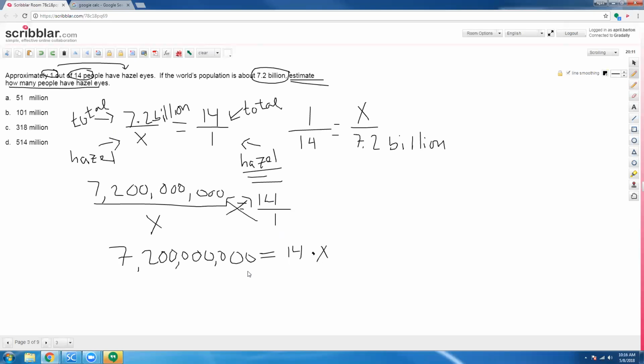And then we do our opposite. So what was our last step with these proportions every time? It's our opposite. Good. We divide by the 14.